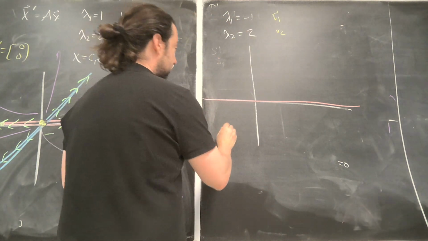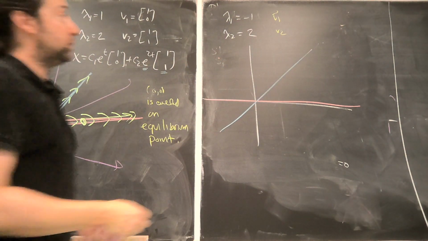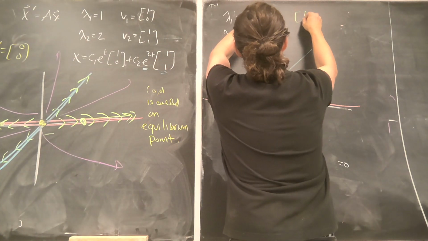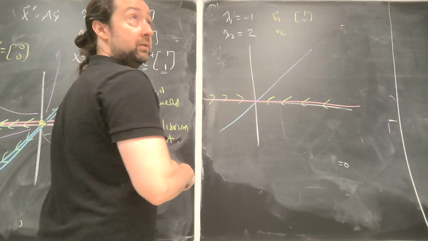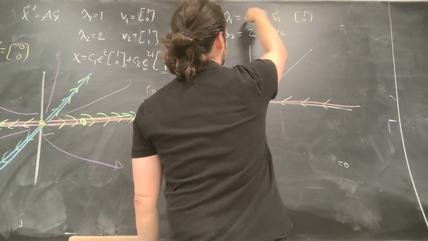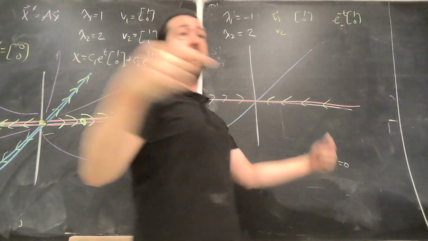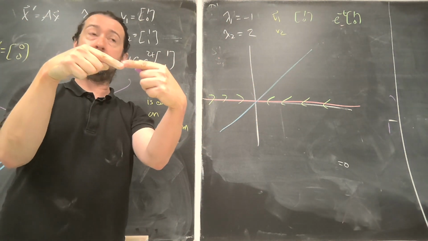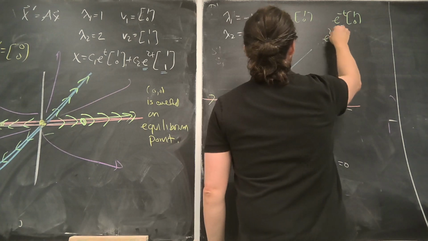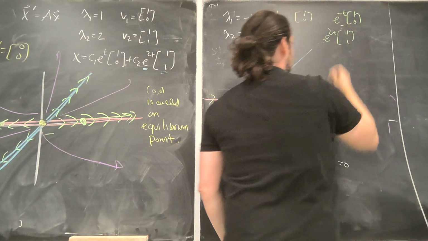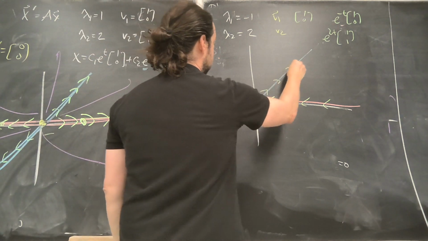Here's v2. Now, along the curve v1, which was the vector 1, 0, I am headed in, because the solution that corresponds to this looks like e to the minus t times 1, 0. As time goes to infinity, I come towards 0 instead. This one is still headed away. E to the 2t times 1, 1 goes to infinity as time goes on. So I'm traveling away from the point here.